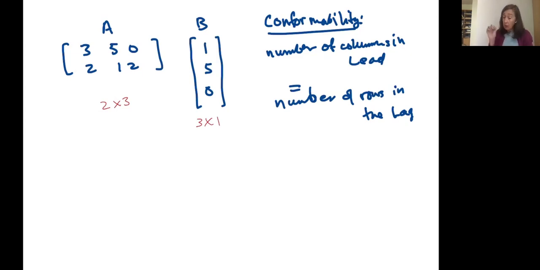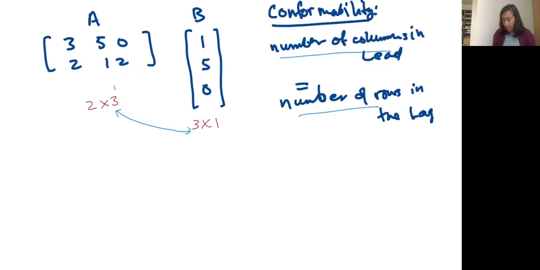And the point of doing that, here's the cool thing. When you write the dimensions, you get 2 things for matrix multiplication. First of all, the inner numbers. What are the inner numbers? The inner numbers are the number of columns in the lead and the number of rows in the lag. These must be equal for conformability.